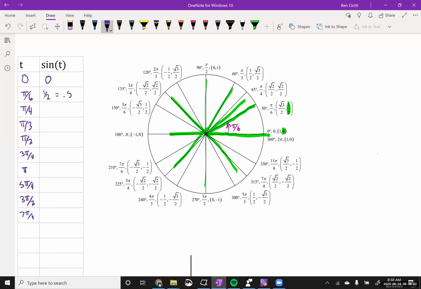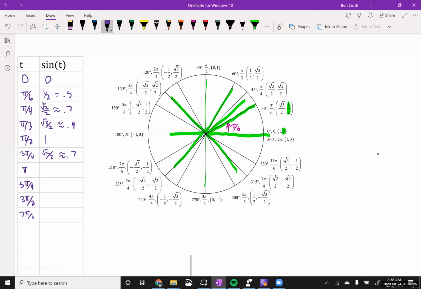At pi over 4, it is root 2 over 2, which is approximately 0.7. At pi over 3, it is root 3 over 2, which is approximately 0.9. At pi over 2, it's 1. At 3 pi over 4, that's root 2 over 2, which is approximately 0.7.